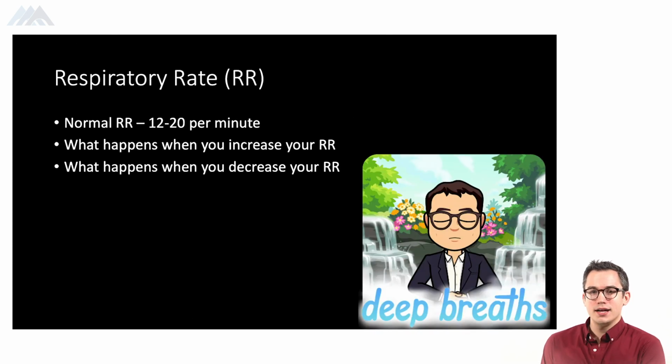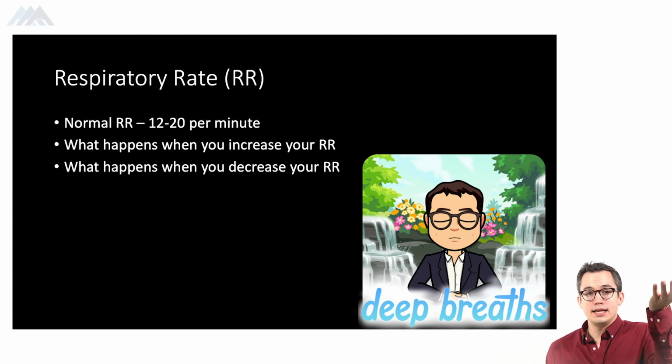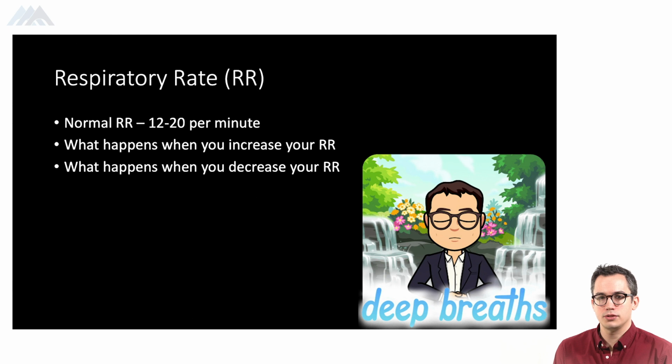Now that we've got our tidal volume figured out, let's move on to respiratory rate. And you guessed it, just like tidal volume, we're going to be manipulating our CO2 with whether we increase or decrease our respiratory rate. So if we increase our respiratory rate, we're going to do what? We're going to blow off more CO2.